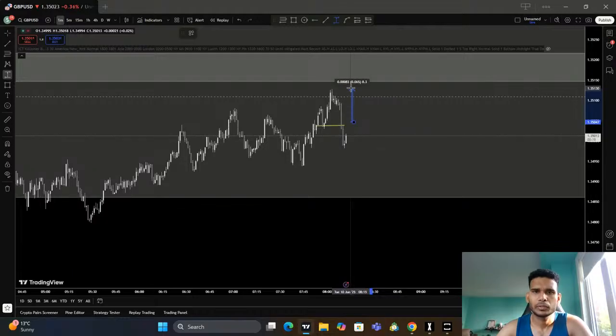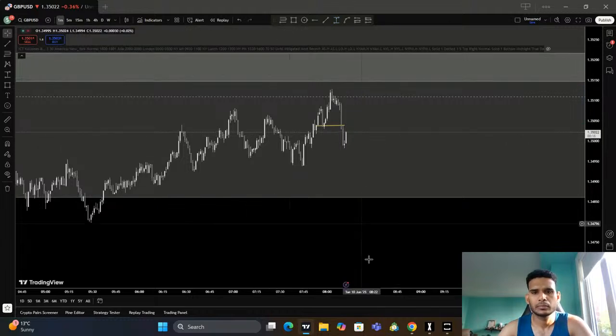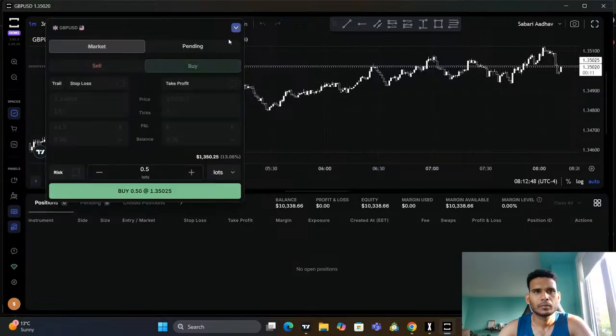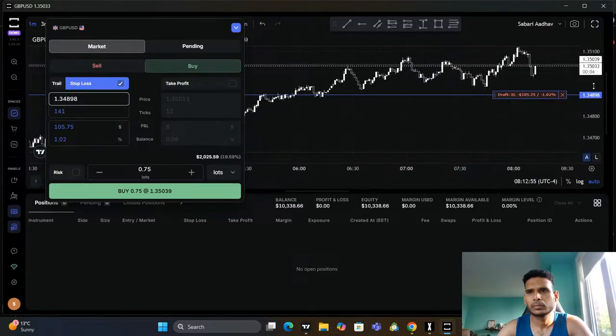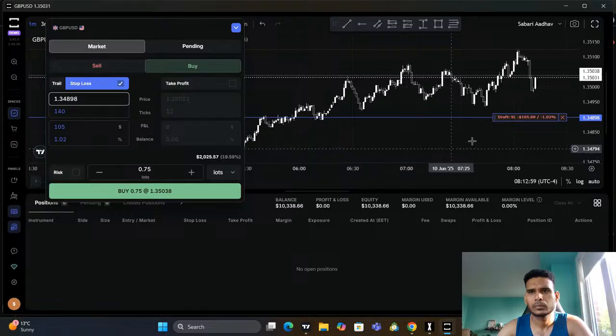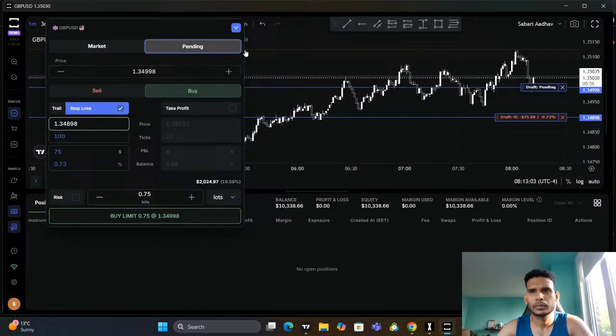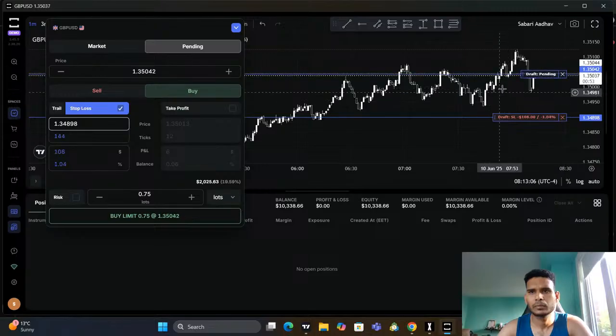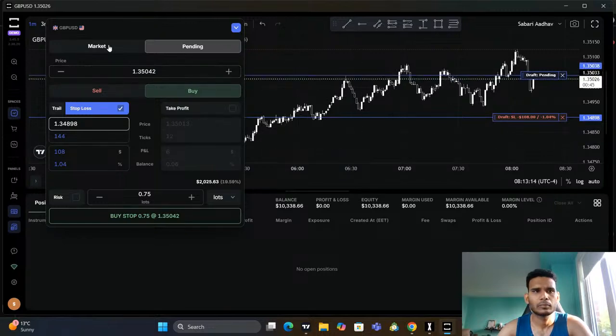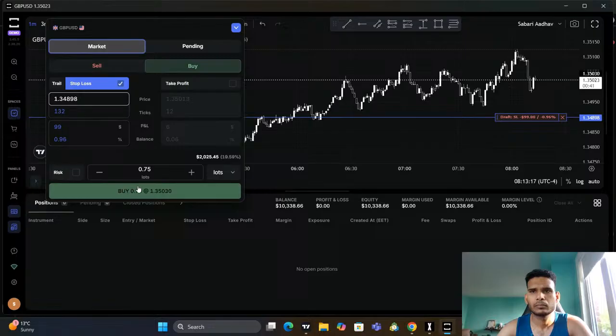It's 9 pips, so I can potentially put 0.6 or 0.7 lot here. Okay, 0.75 stop loss. Just put 0.45.